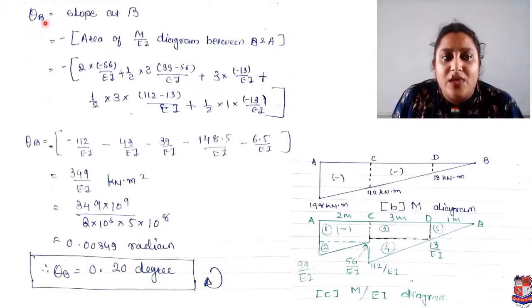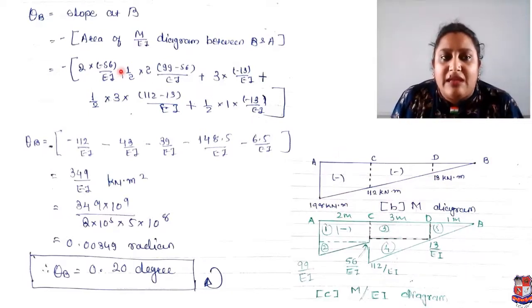So theta B, the slope at B, is equal to minus the area of the M upon EI diagram between A and B. That figure I carry forward over here.